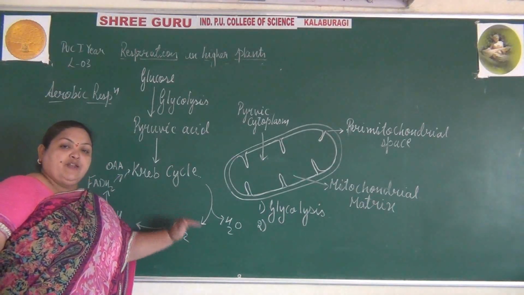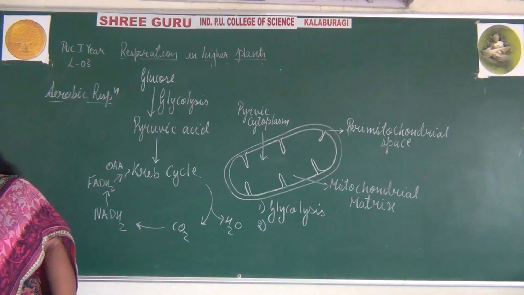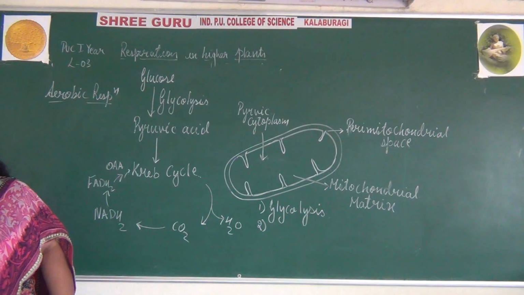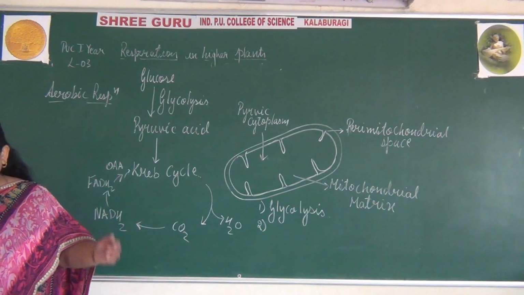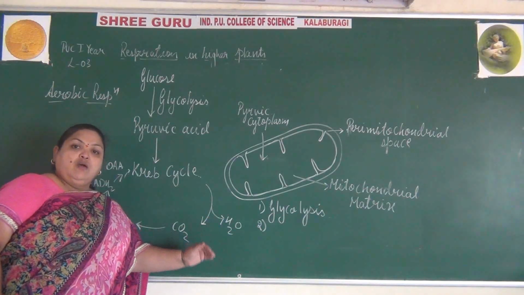So in this aerobic respiration, there are 4 steps. That is the process of glycolysis, then Krebs cycle, followed by electron transport system, then terminal oxidation.